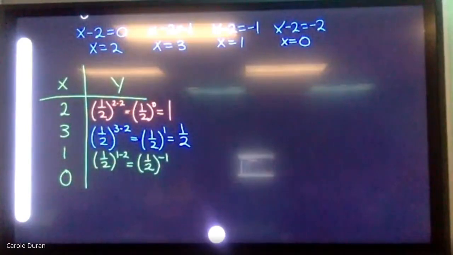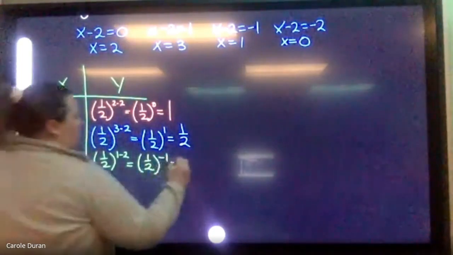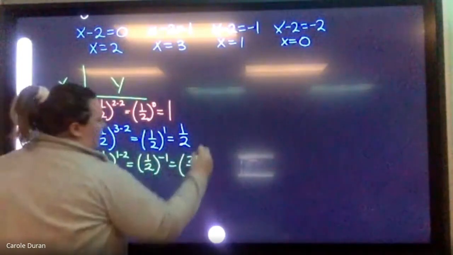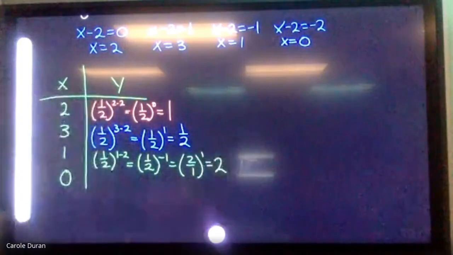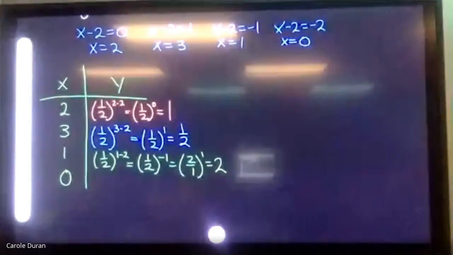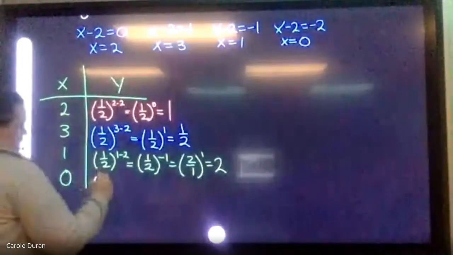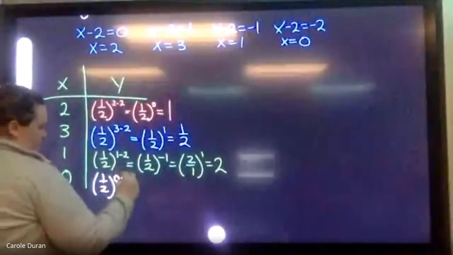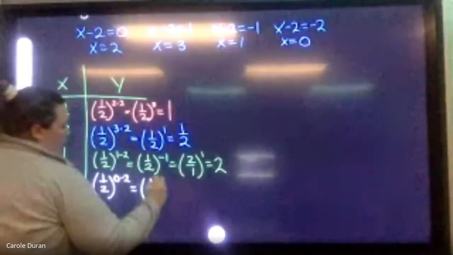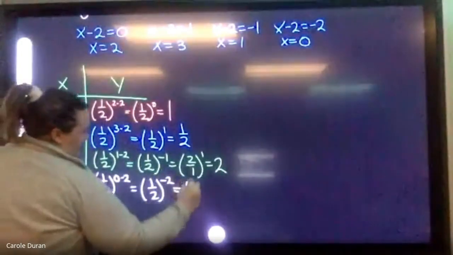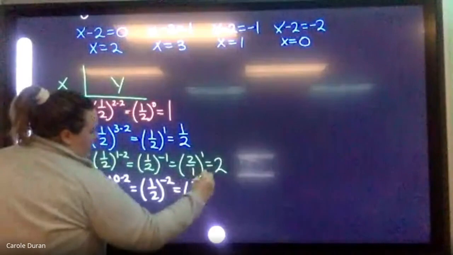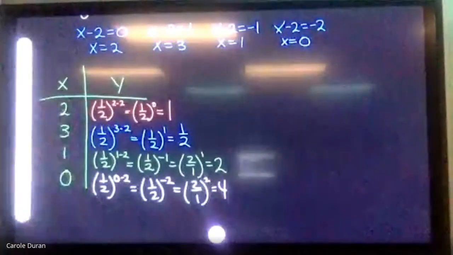What's 1/2 to the -1 going to equal? 2, because I flip the fraction over and take it to the +1, which just equals 2. I get to do the same thing with 0. And it does end up equaling 4.